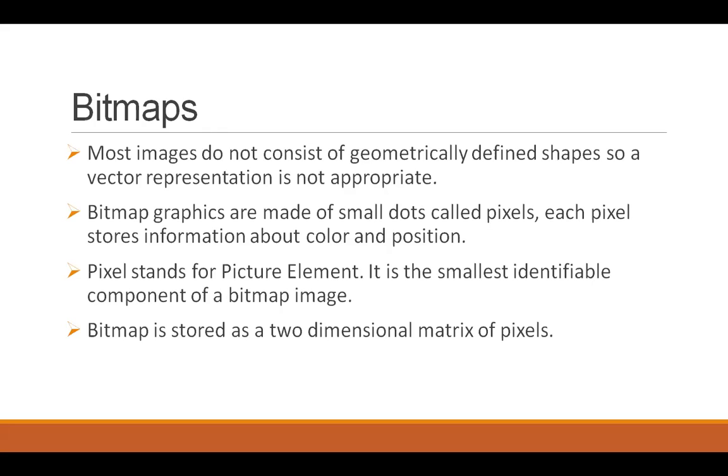But to imagine, you can just simply think that pixels are small dots, small illuminated things that come together to make an image. The image itself is stored as a two-dimensional array, a two-dimensional matrix of pixels, the height and width of the image.